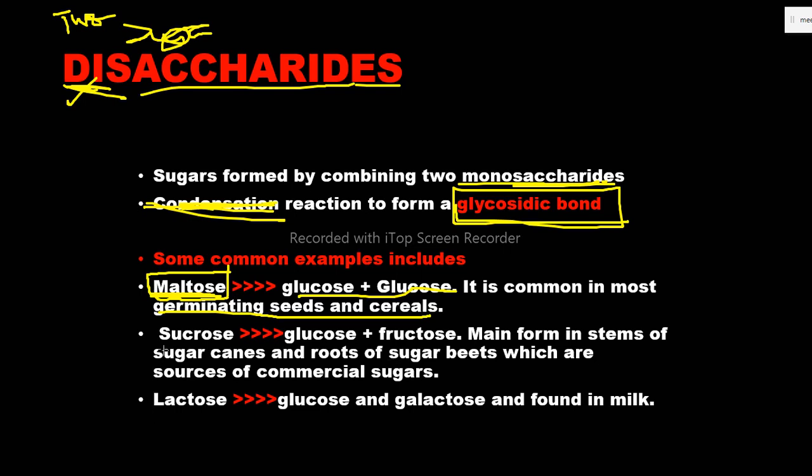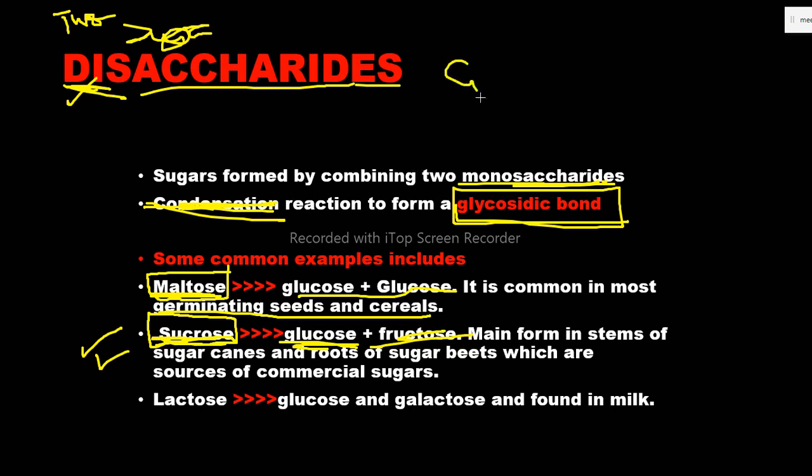Then we have sucrose. Now this is the sugar that you take at home. If you took breakfast, you took sucrose. If you put sugar in your tea, then you put sucrose. Sucrose is also a disaccharide that is formed from condensation of a glucose molecule and a fructose molecule.